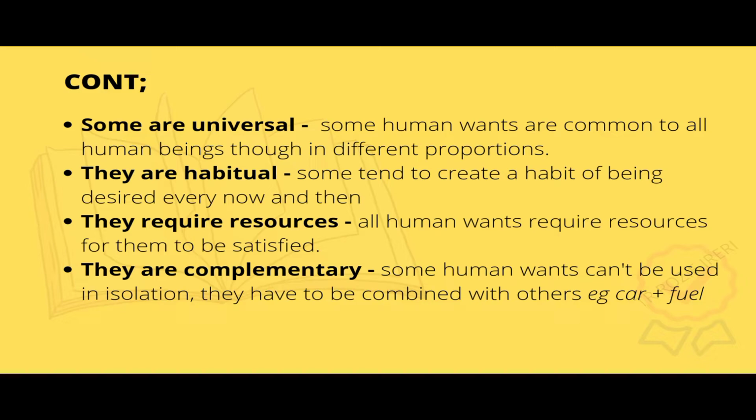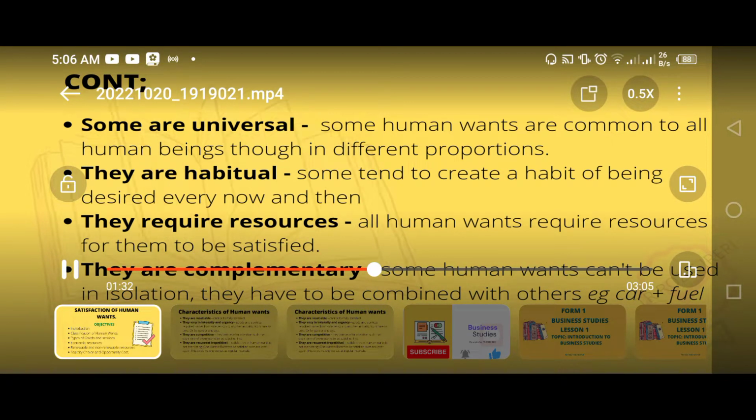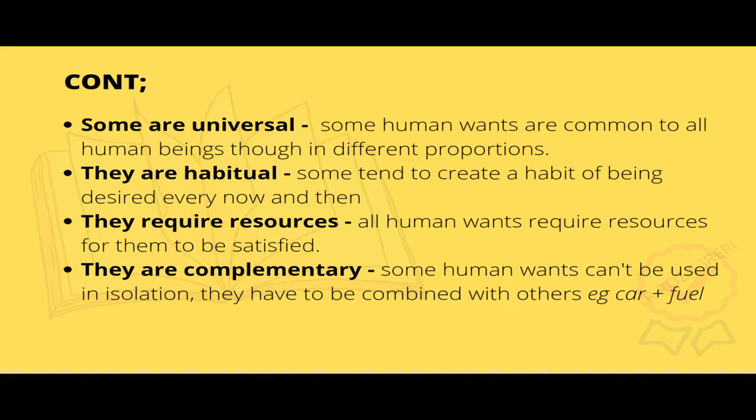They are habitual, meaning that once you use them for a long period of time, you form a habit. They require resources. For us to satisfy human wants, we will need resources. We need money to pay for our education, to buy food, to buy clothes, to afford shelter.